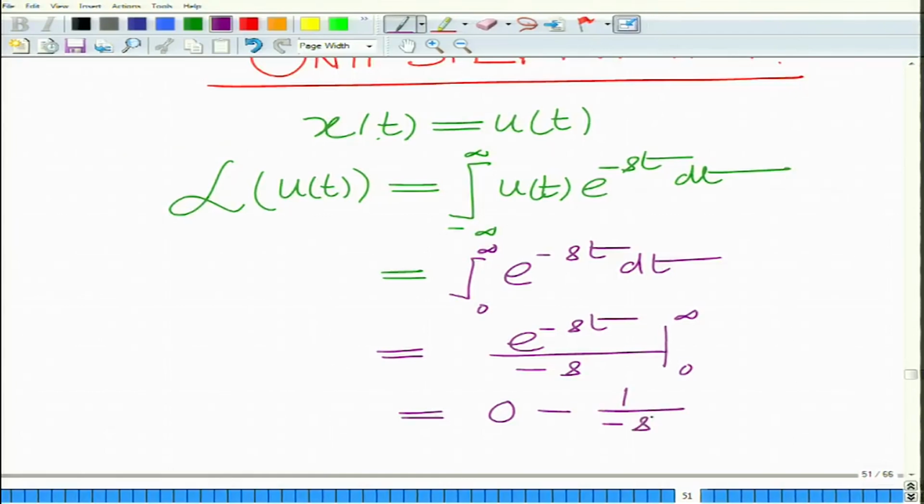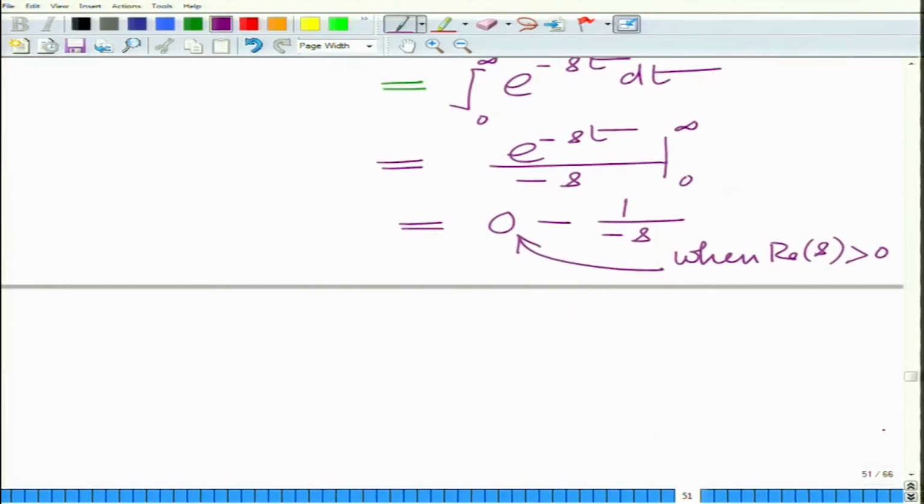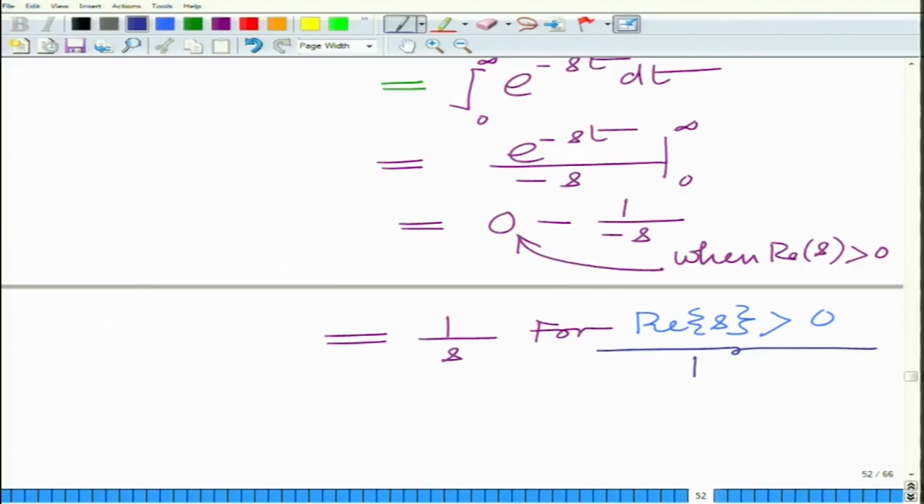So, this is 1 divided by minus s, but the upper limit vanishes only when real part of s is greater than 0, and therefore, this is equal to 1 over s for real part of s greater than 0, and this is basically the ROC of this.